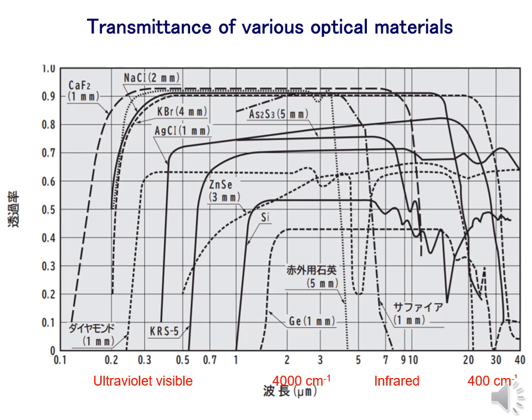However, since KBr has high hygroscopicity, the material called KRS5 is used as a substitute in order to avoid deterioration due to moisture absorption. KRS5 has a lower transmittance than KBr as a whole, and transmits light in the infrared region well, but does not transmit part of visible light.